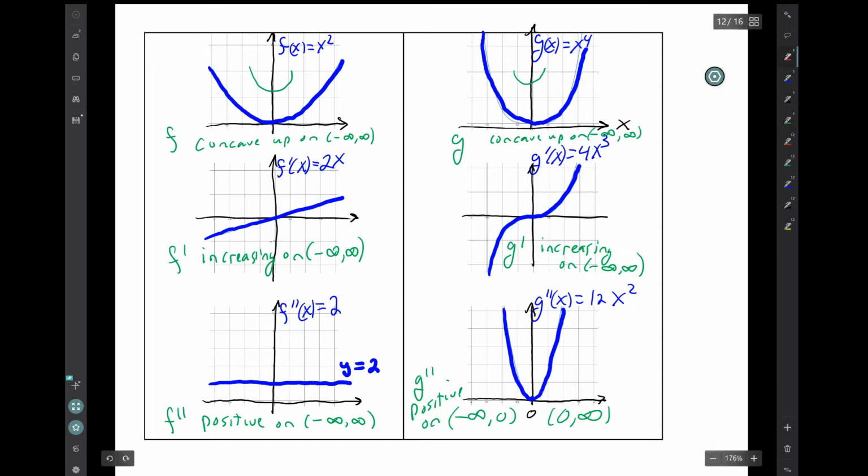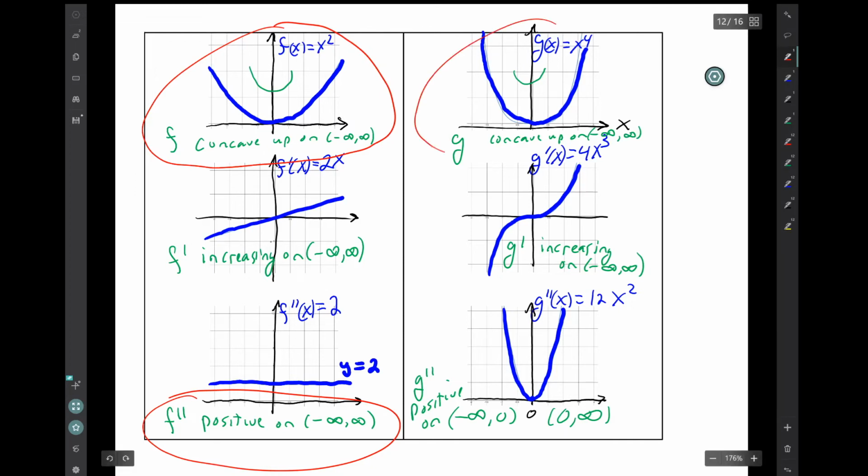These examples illustrate that for some functions, the function can be concave up on the whole interval and its second derivative can be positive on the whole interval. But there are functions that are concave up on a whole interval even though their second derivative is not positive on the whole interval. This function g is concave up on the whole interval, negative infinity to infinity. G double prime is only positive on these two half intervals.